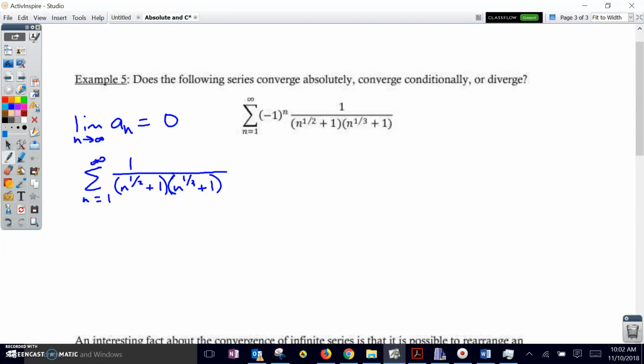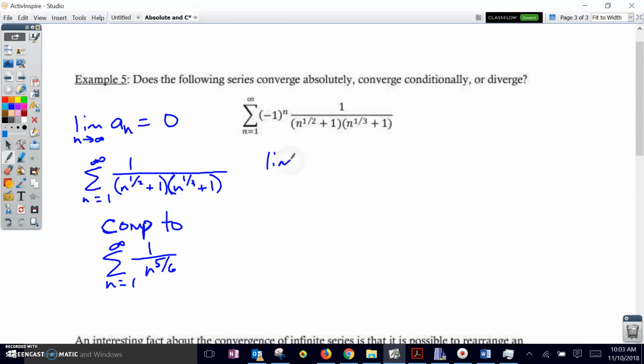All right. And if I'm looking at this, I multiply this out, I'm going to compare this to the biggest power in the denominator here when I multiply this out, which is n to the 5/6. So I'm going to compare this to the sum from 1 to infinity of 1 over n to the 5/6.